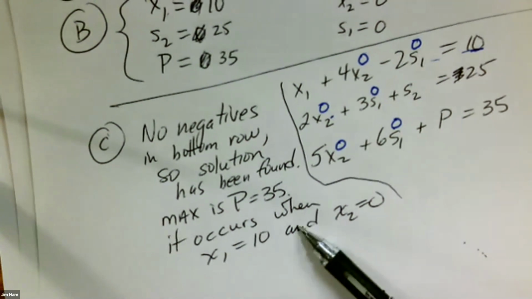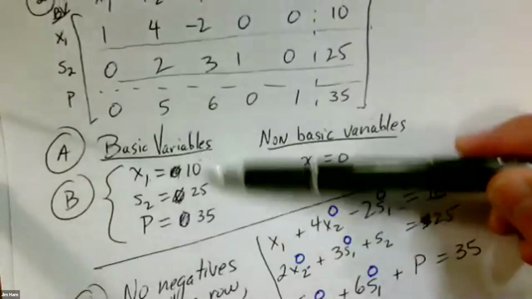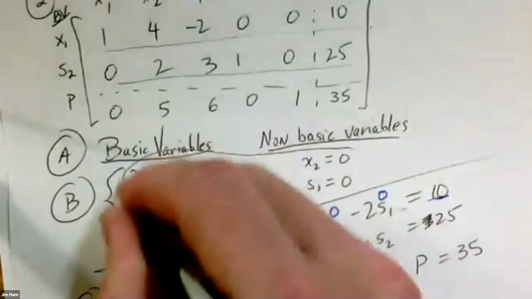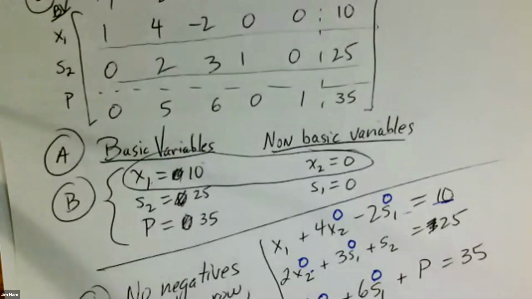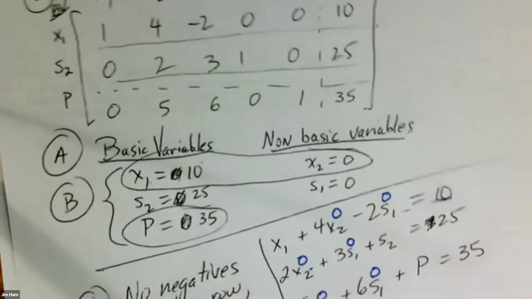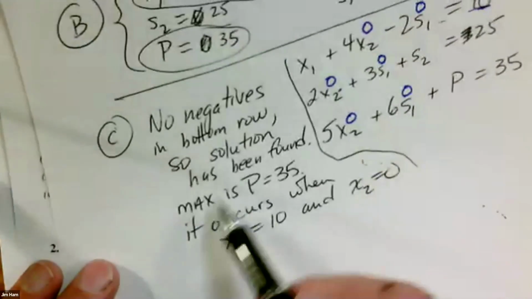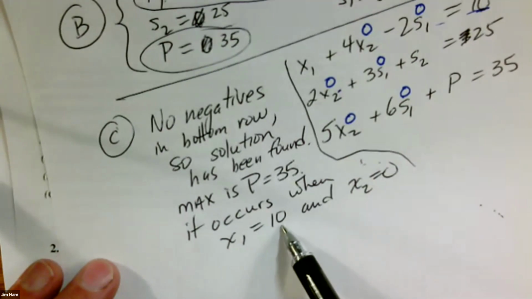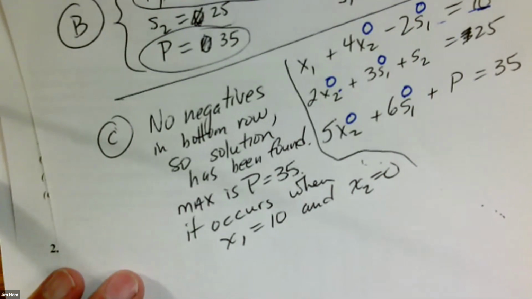So when you come up here, you've got these basic variables and the non-basic variables, but the only 2 that we're interested in are x1 and x2. They become part of the solution, and so does p. P is the thing we're trying to maximize, so we're going to say the max is 35, and it occurs when x1 equals 10 and x2 equals 0.